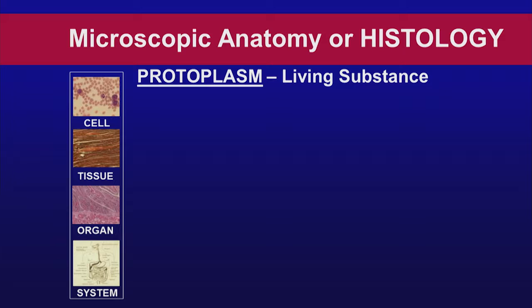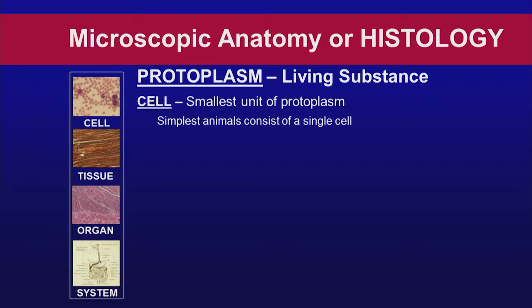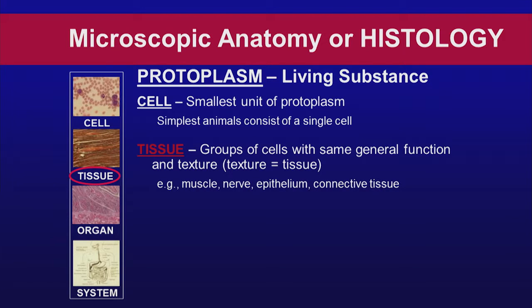Now, protoplasm is a living substance. A rock is not a living substance, but protoplasm cells are a living substance, and the smallest unit of protoplasm is a cell. Some animals only have a single cell. And then tissues are groups of cells with the same general function. Tissue equals texture of things.